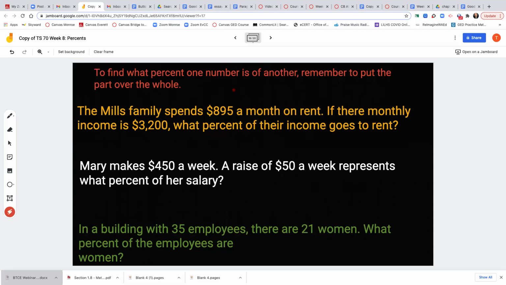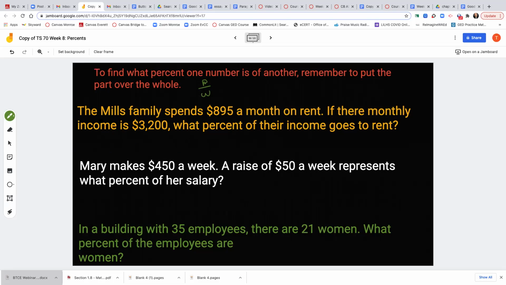And the rule is put the part over the whole. That's the equation right there. If you want to use letters, the P over the W, and divide. And that means divide, okay?